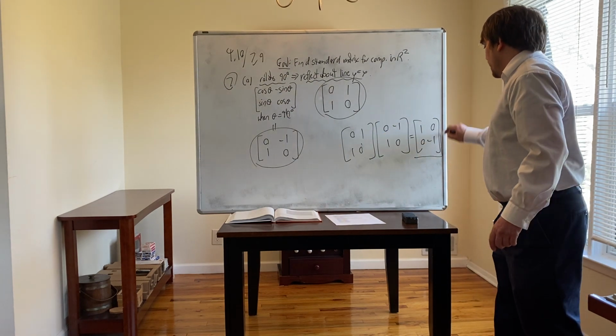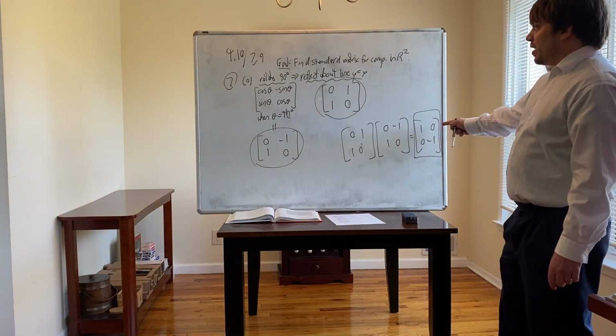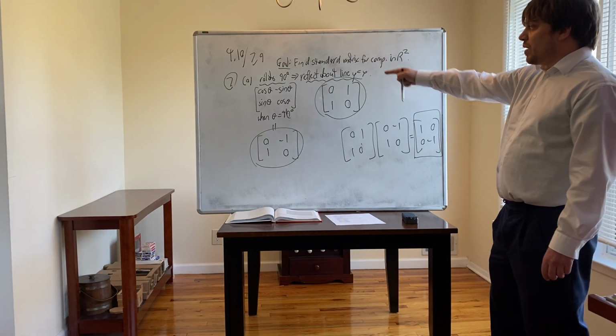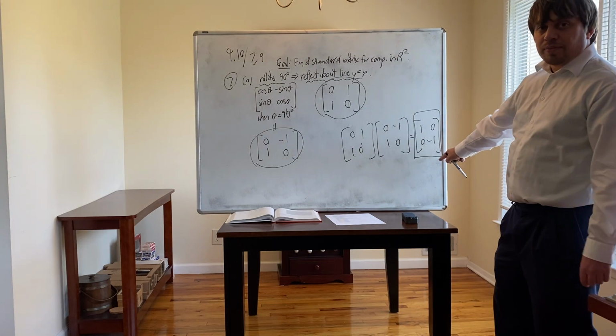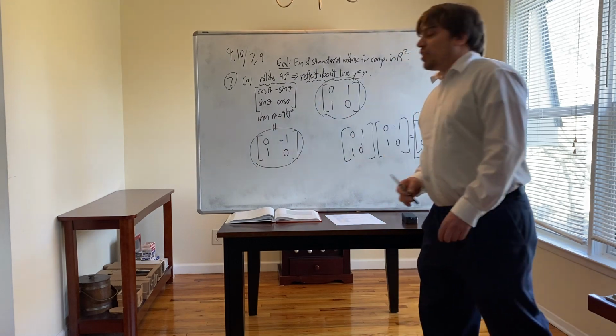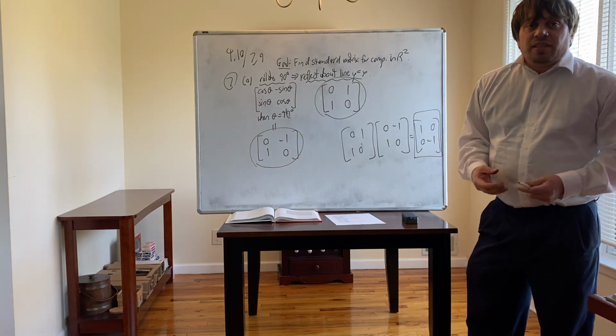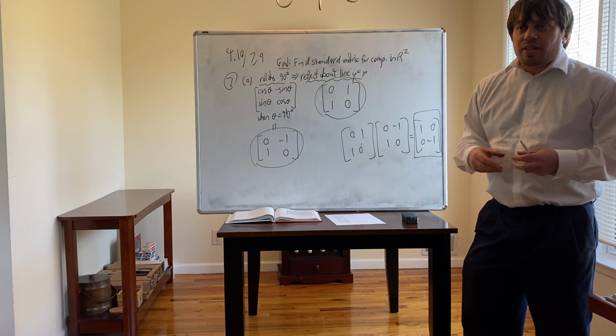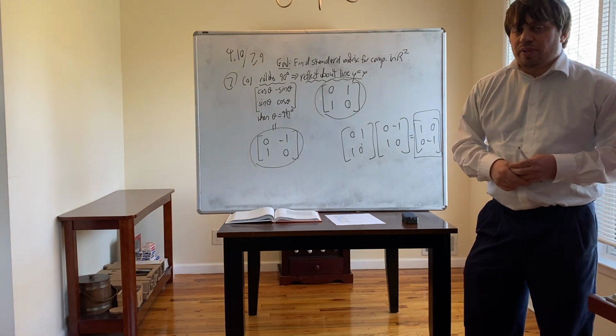And so this is the answer. That is the standard matrix for first rotation by 90 degrees about the origin counterclockwise, and then reflecting about the line y equals x. You find the standard matrix for each operation, and then in the correct order, you multiply those matrices to find the standard matrix for the composition of the two functions.